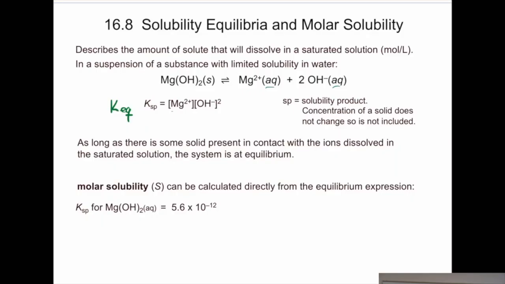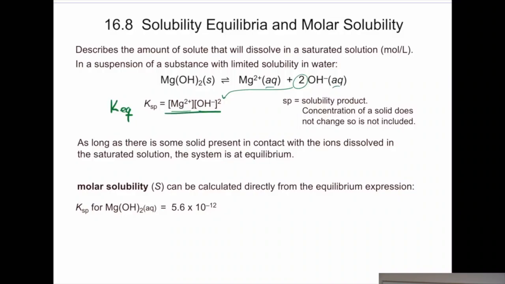So that's the magnesium 2 plus cation raised to the first power, multiplied by the concentration of hydroxide ions, in this case squared, because we have a coefficient of 2 here. This is nothing new, folks. And then divided by nothing.